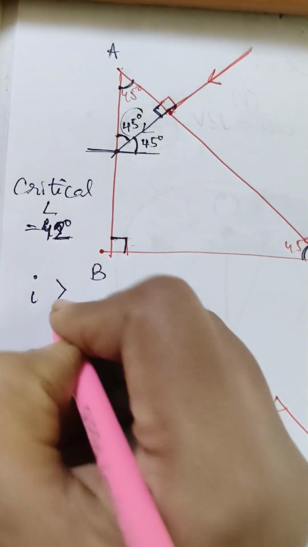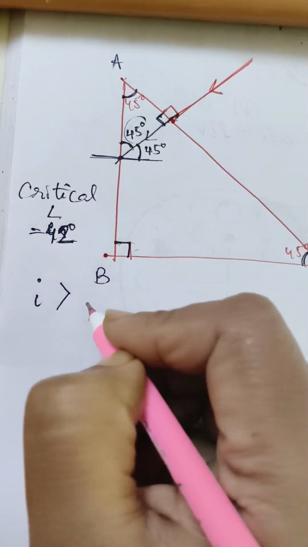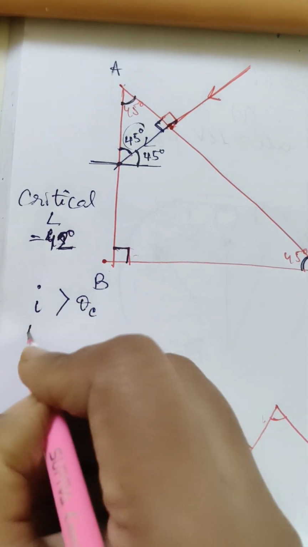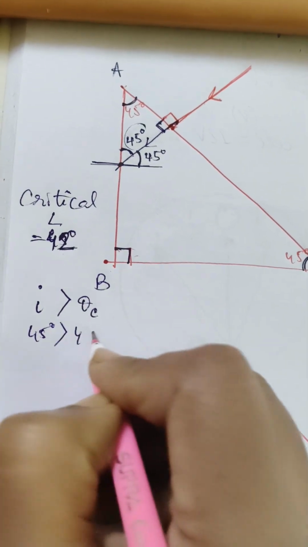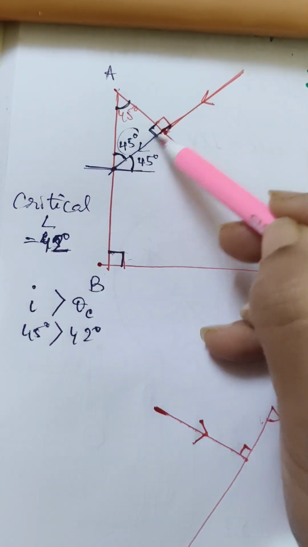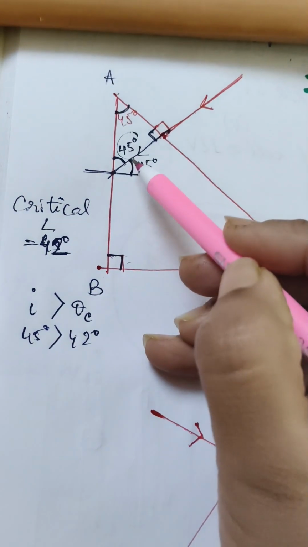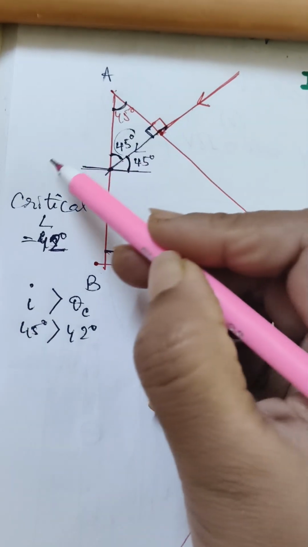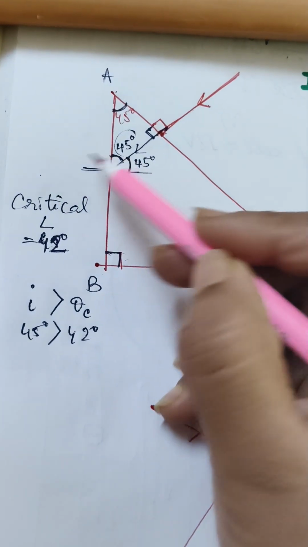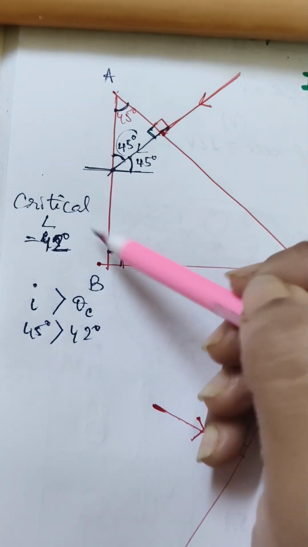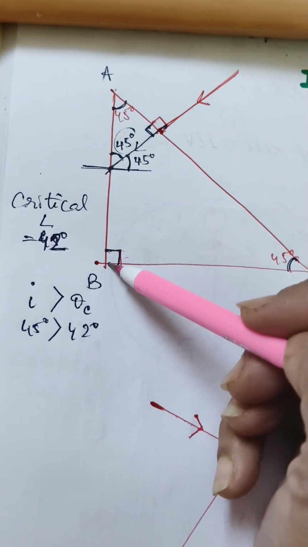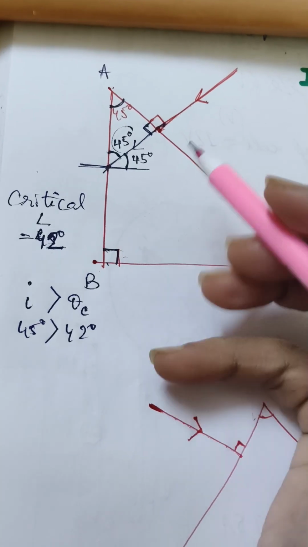That is, the angle of incidence is greater than the critical angle theta c. 45 degree is greater than, obviously, 42 degree. So what will happen to the fate of this incident ray? It won't be able to come out on this surface. I mean to say, it won't reach air from AB. It will bounce back from surface AB, obeying ordinary laws of reflection.